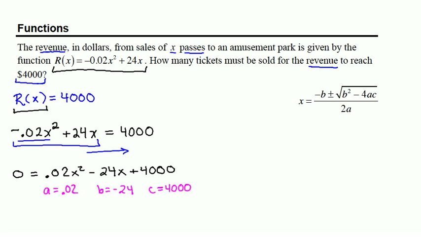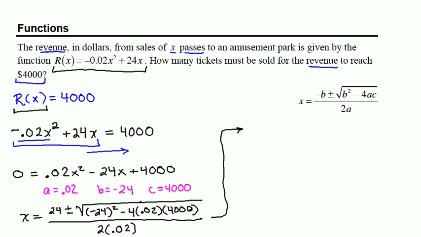Plugging into the quadratic formula gives us x equals minus b, which is positive 24, plus or minus the square root of negative 24 squared minus 4 times 0.02 times 4,000, divided by 2 times 0.02. Let's start working on these computations. 24 squared is 576. And 0.08 times 4,000 gives us 320.